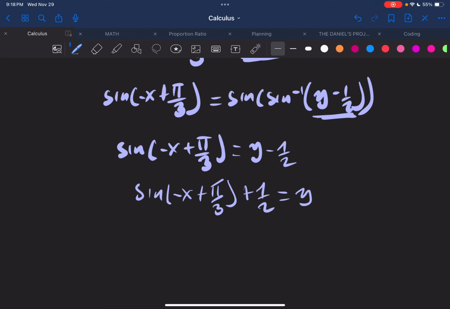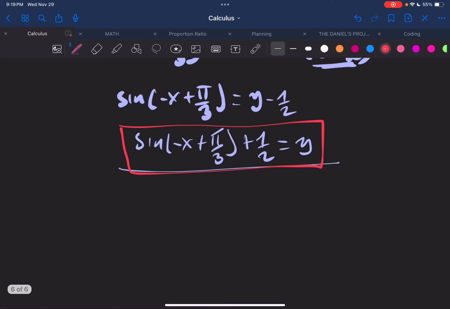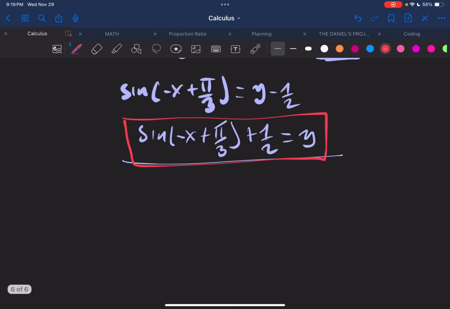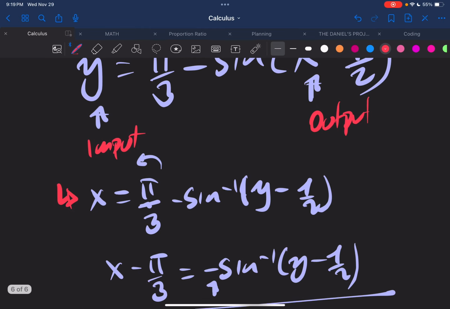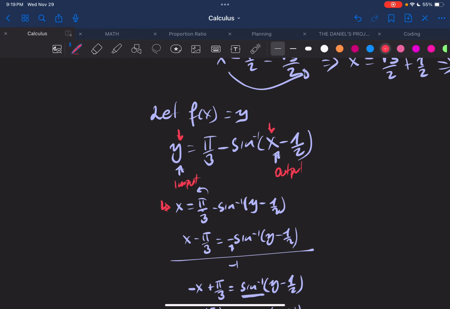So this y that we just found is our inverse function. The way we represent the inverse function is y inverse. My apologies. So remember that we wanted to say that f of x is equal to y.